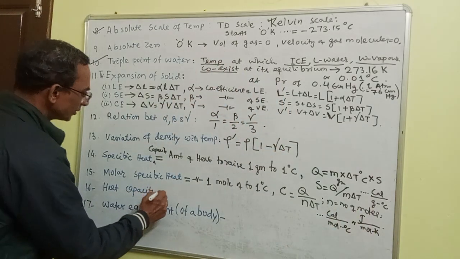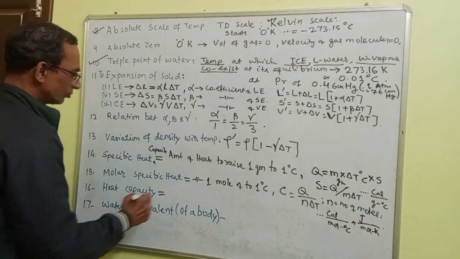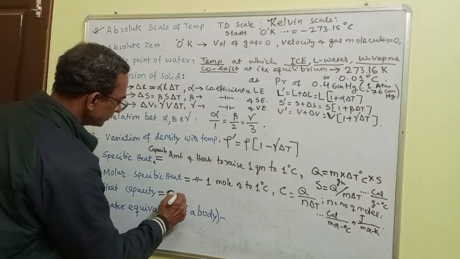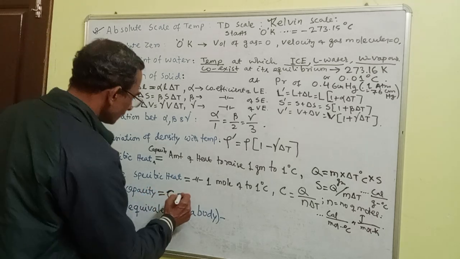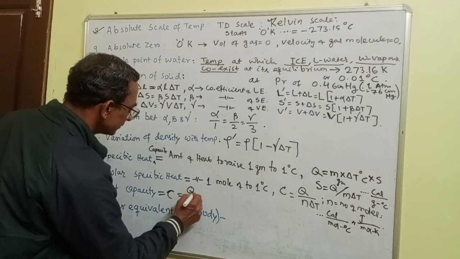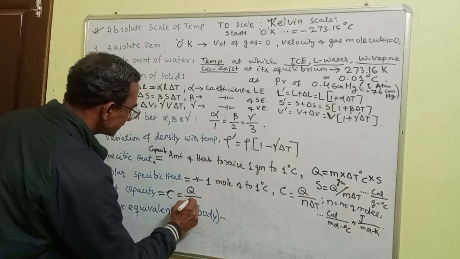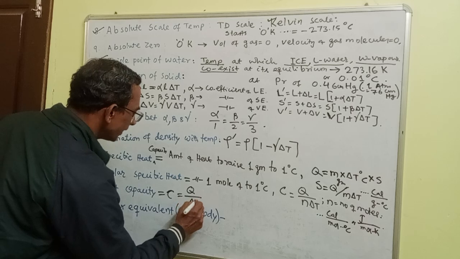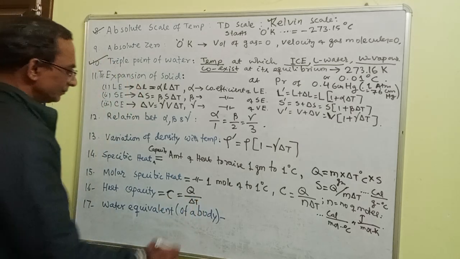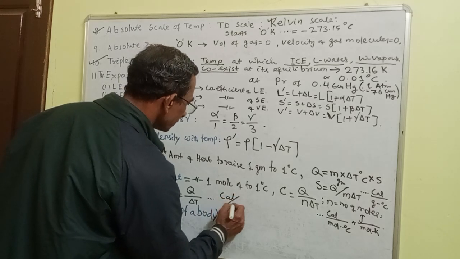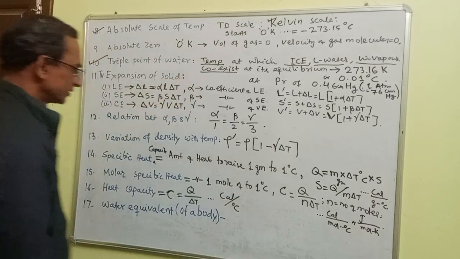Heat capacity is the amount of heat required to raise temperature by 1 degree. It is calorie per degree Celsius.